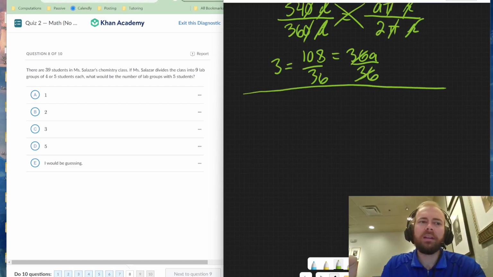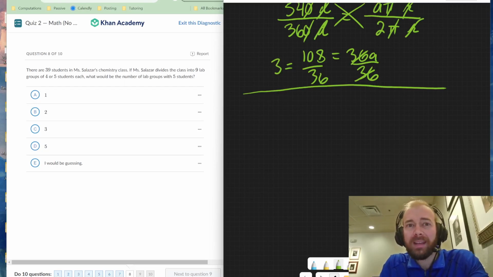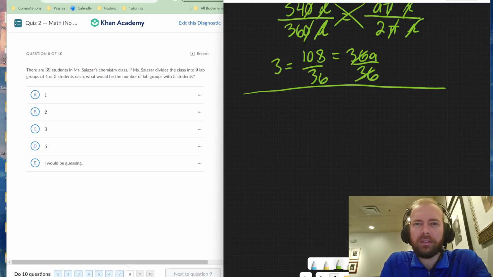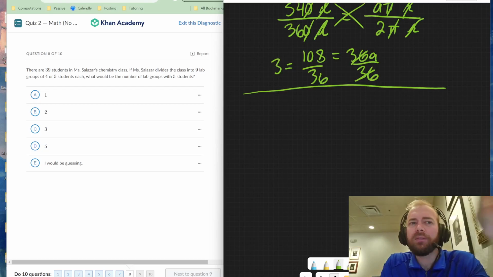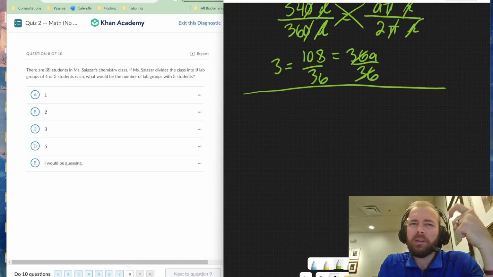A plugin is just a faster way to do a guess and check. I mean, you could just guess the right answer, but if you guess the right answer, then it would literally be one of the answer choices, right? So use multiple choice to your advantage. There isn't really a nice equation that you could make for this because it's 4 or 5, and when you try to turn that into an equation, it's meh.